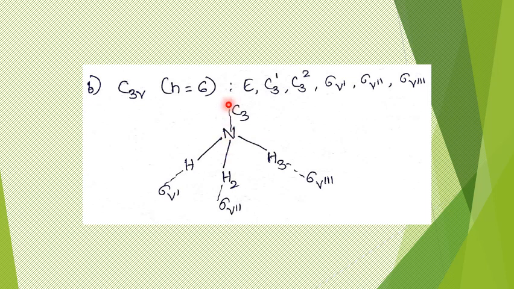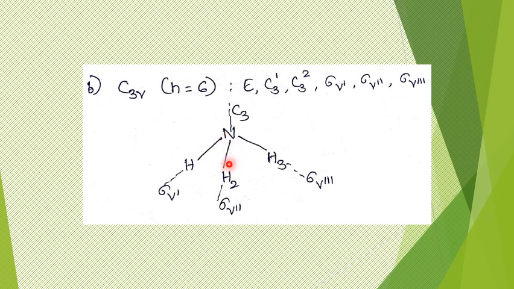This is the C3 axis, probably demonstrated in previous videos. Now, where do we have the planes? Each NH bond, if we consider, will lie in a plane, which we can clearly see in the 3D animation.